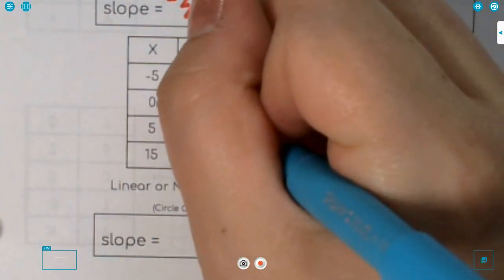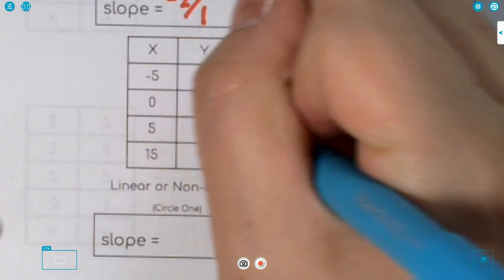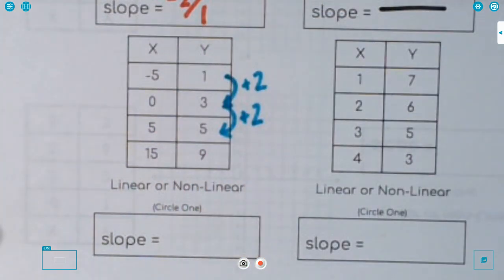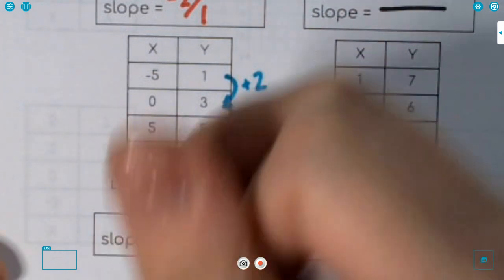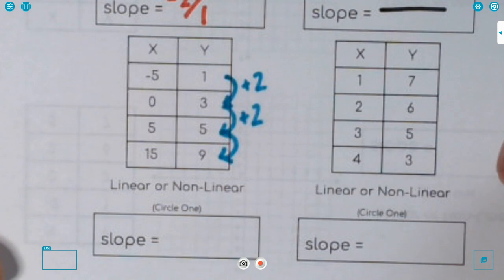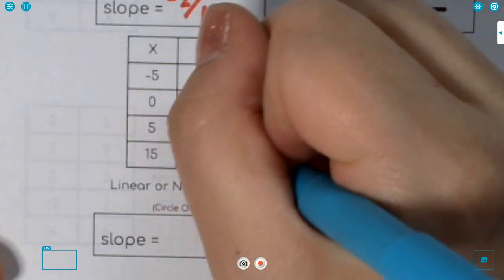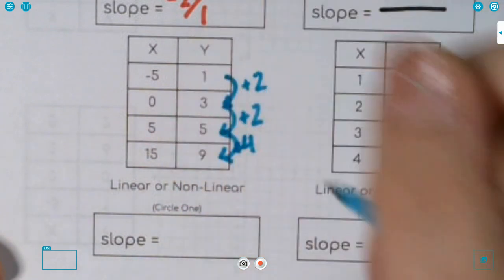To get from 3 to 5, I add 2. And then to get from 5 to 9, how much do I have to add? 4. Thank you, Ariana. Plus 4.